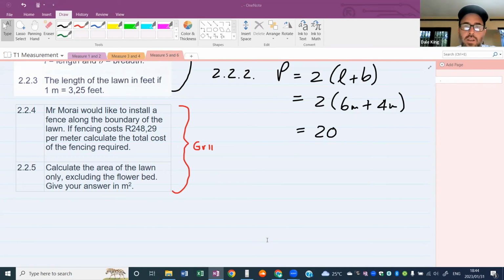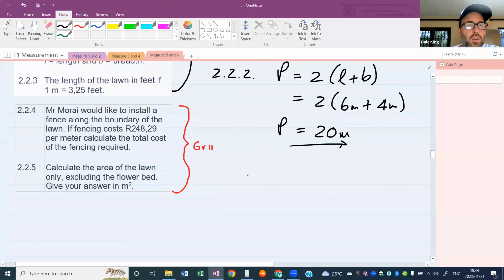Very good. Well done, guys. Just meters. So I must put, like Kia always says, always put your units. Always put your units. All right, we're doing well here so far.